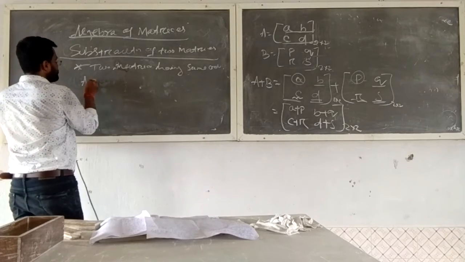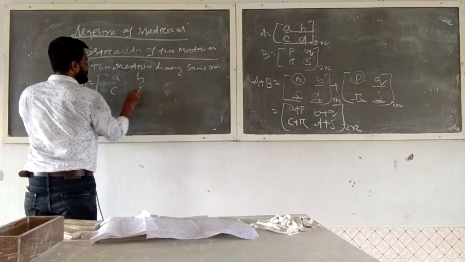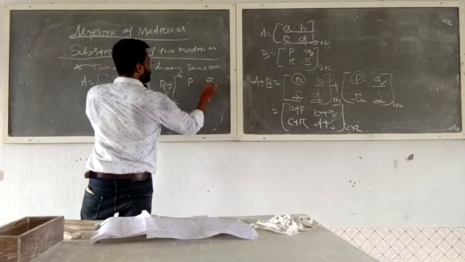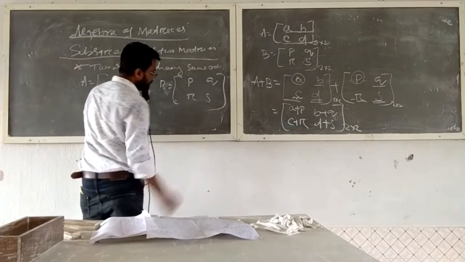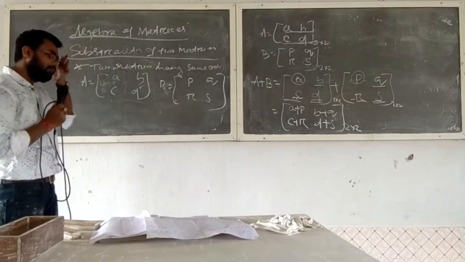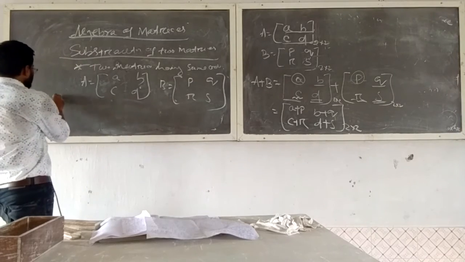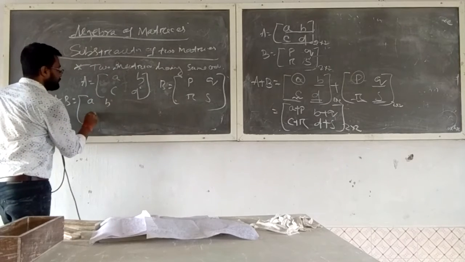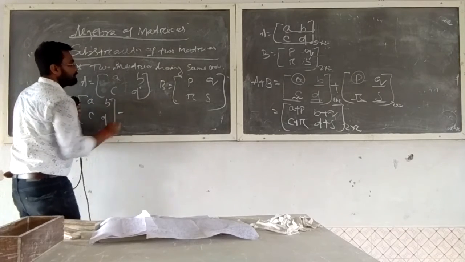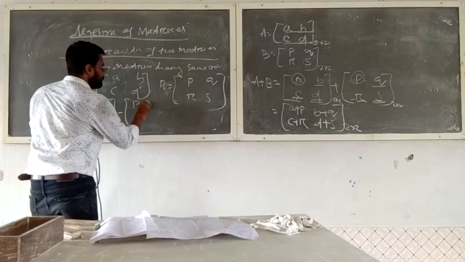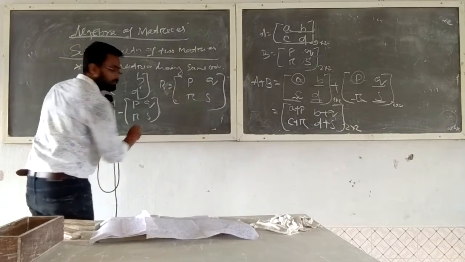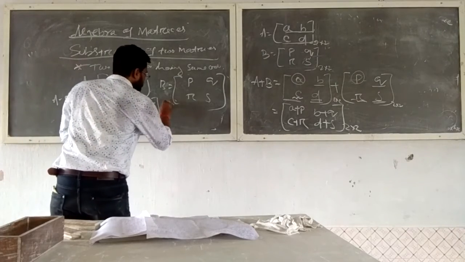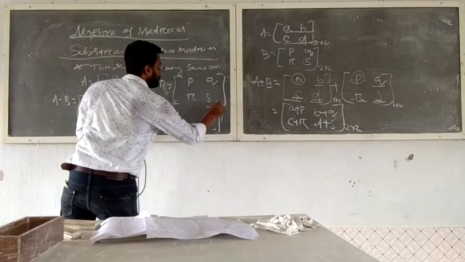Take A matrix A, B, C, D and B matrix P, Q, R, S. In the same way we can subtract. A minus B: A matrix will be A, B, C, D and B matrix will be P, Q, R, S. We subtract the respective element with the respective element.